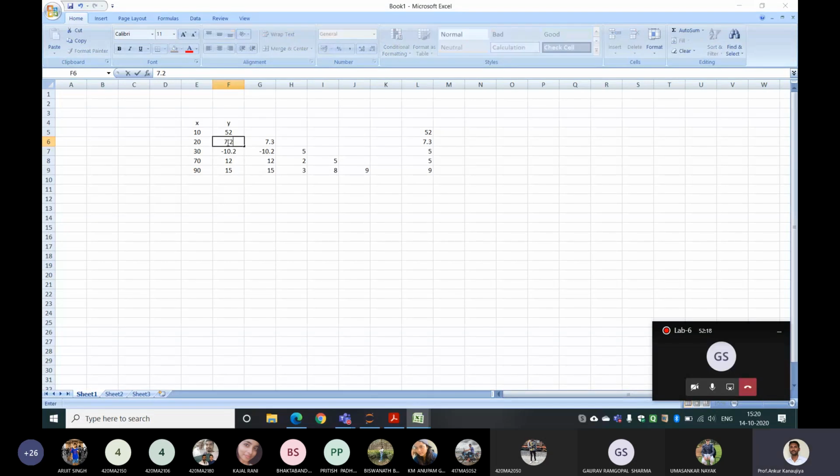So that column, the first column, we changed completely. Is that clear? This is 7.3, and the same we are storing here only. That means this column is really not required. How did this entry come? It came from the previous column, this 52 being the first.